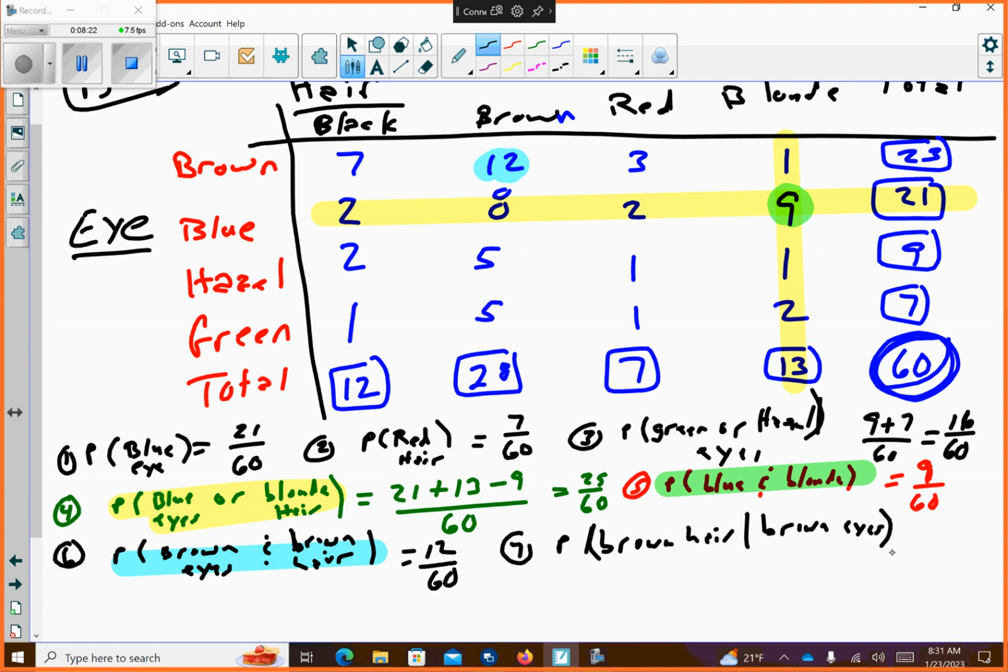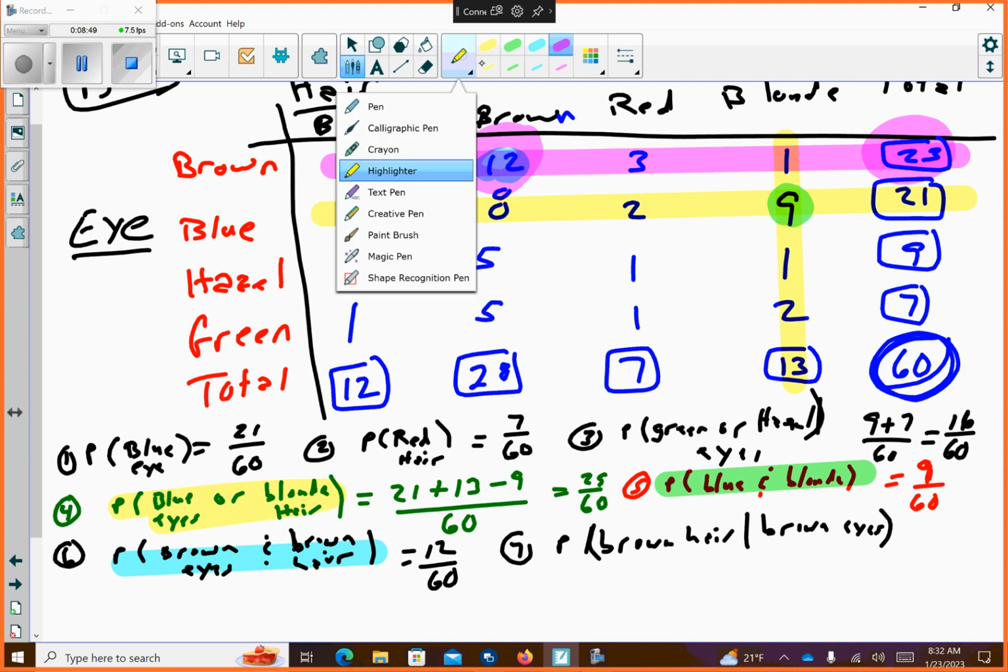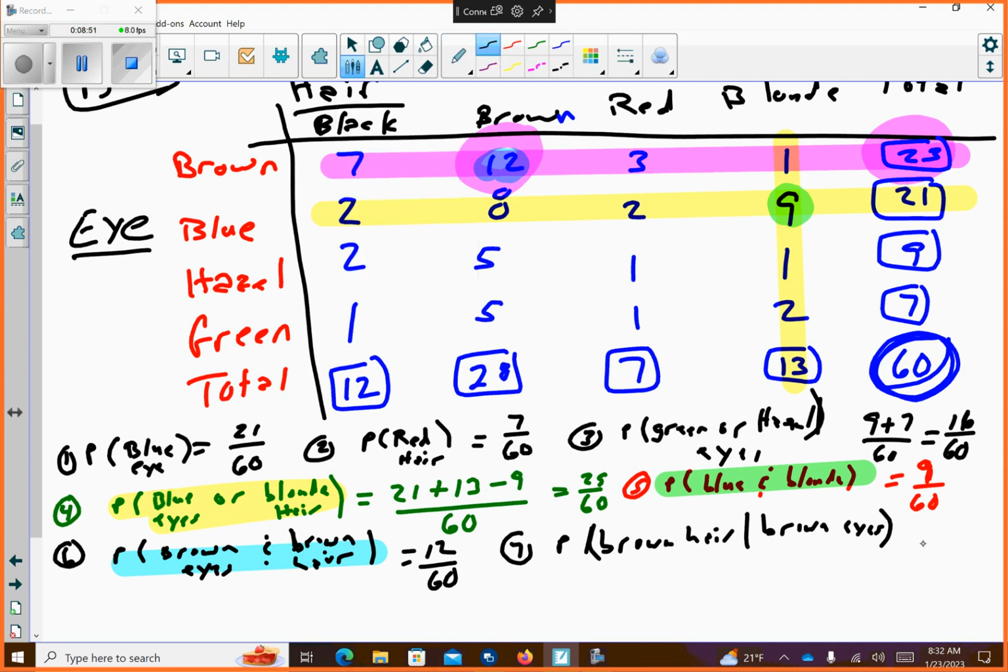This is what this means. Brown eye color has to take place. So we're using this here as my denominator. And then they have brown hair. So that becomes a 12 out of 23 probability.